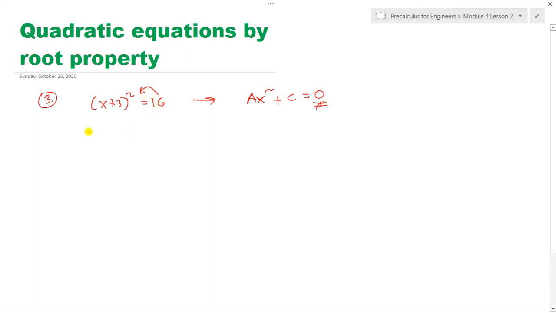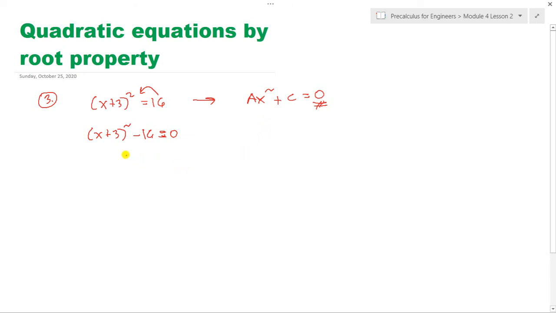So we have here (x plus 3) squared minus 16 is equal to 0. Again, sorry, since we transposed it, we will just bring it back. So it's okay. As long as the equations are complicated or complex, be sure to combine those numbers on the left side first before transposing to the right side.